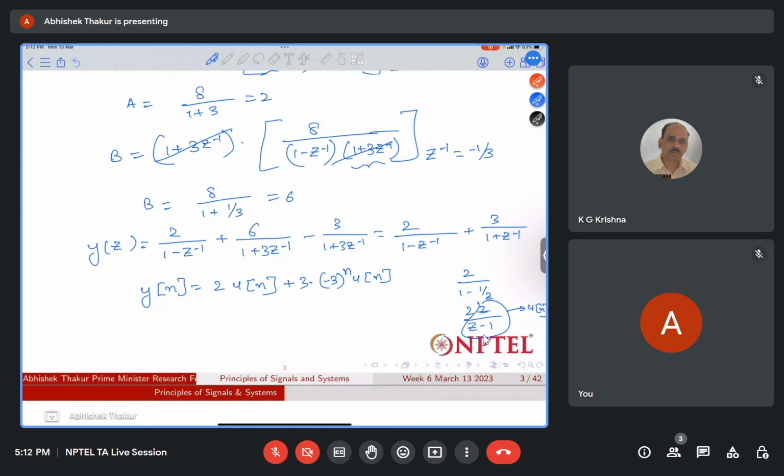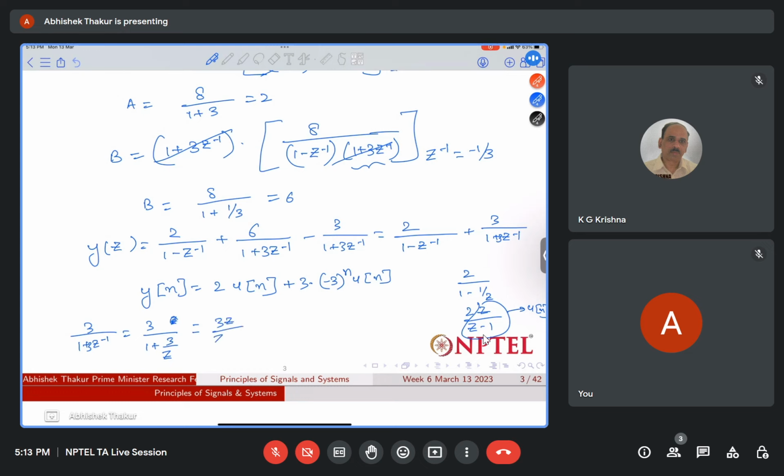As you can calculate here, 3 by 1 plus z inverse will be 3 by 1 plus 3 by z, that is equal to 3z by z plus 3.